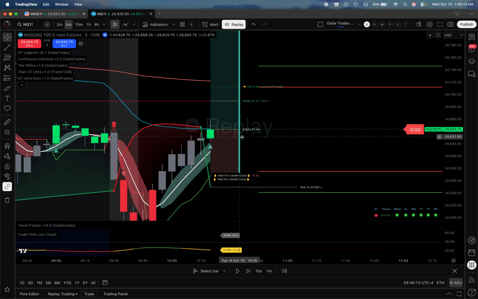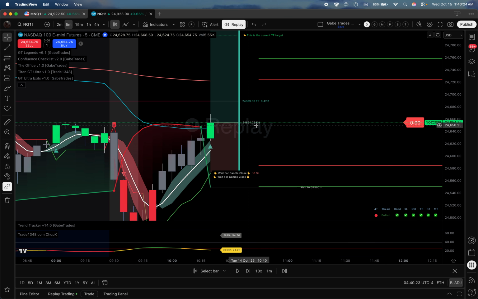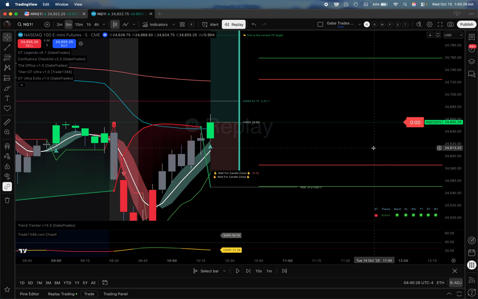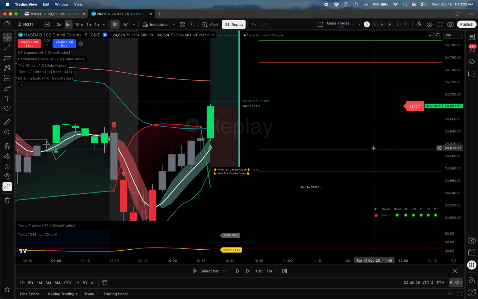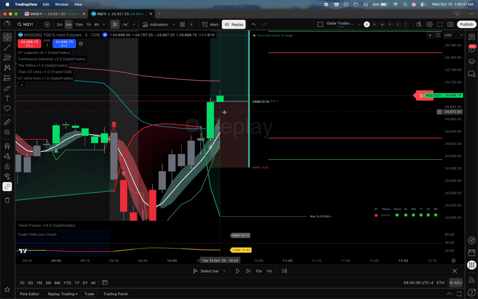So in Titan GT Ultra, the entry point for the trade design will follow the candle until it closes. As the candle moves around, the entry point is going to move around until the candle closes and confirms. Here the candle has closed, or it's going to close if I forward it once. So the candle has closed there and a trade design is confirmed and the entry point will no longer move around.